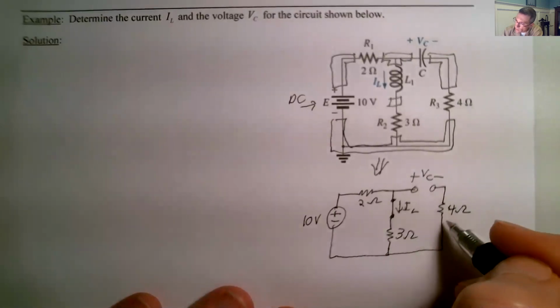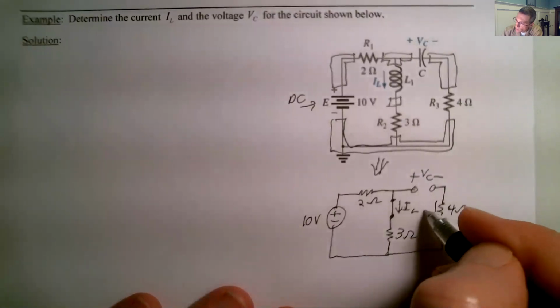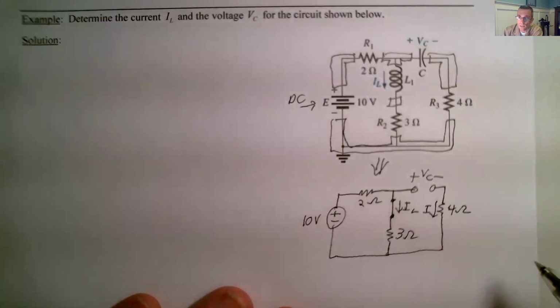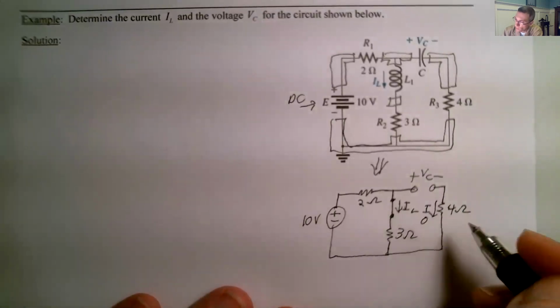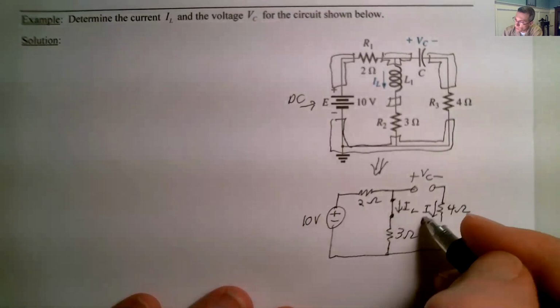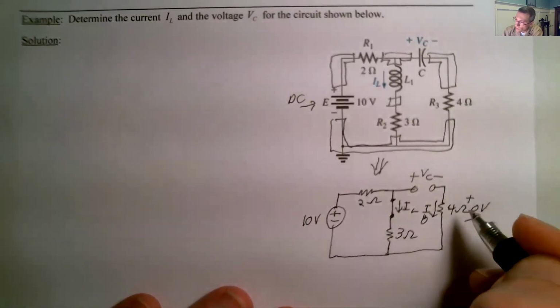Now, the question is, with this 4 ohm resistor, is there going to be any current going that way in steady state? No. The current there is going to be 0. So if the current there is 0, what's the voltage across? It's going to be 0 volts.